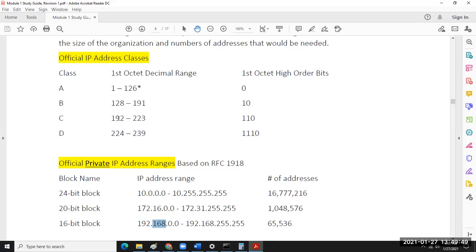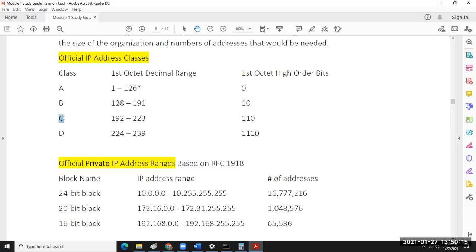But all right, so let's take an example. I'll use a 190 address, and it's a Class B address. A Class A address has a 255.0.0.0 subnet mask, an 8-bit subnet mask. A Class B address has a 255.255.0.0 subnet mask, or a /16 subnet mask.